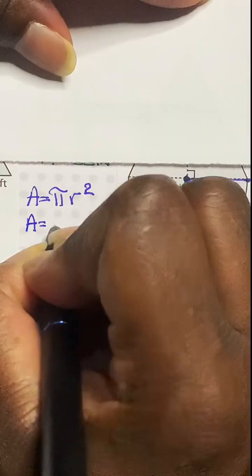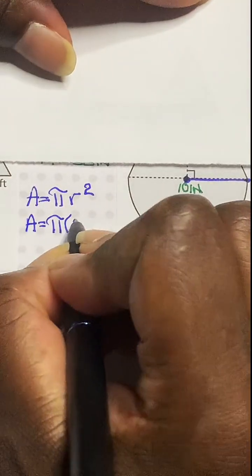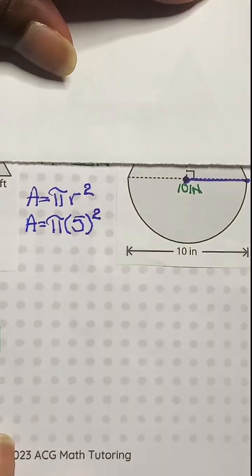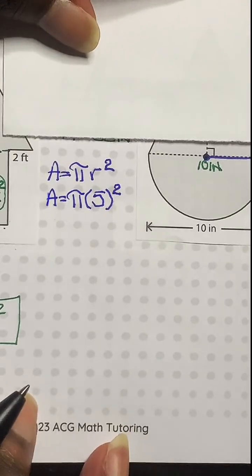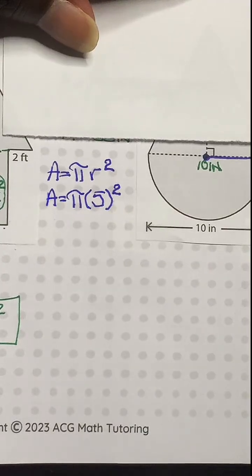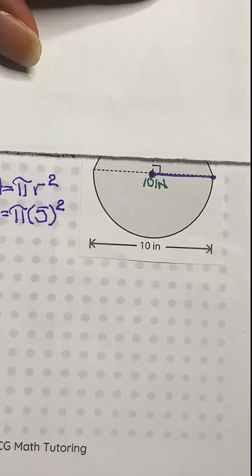Good. All right, so we're looking at area is my pi. My radius is now going to be 5, and we're going to square that. But this is going to give us the whole entire circle. We don't want the whole entire circle. We only want half of it.